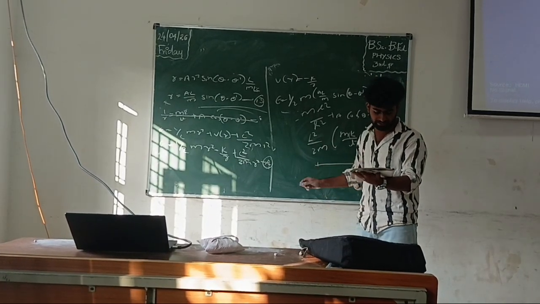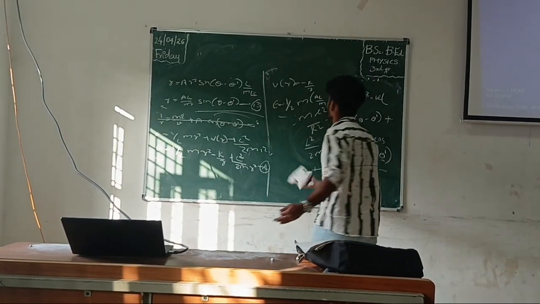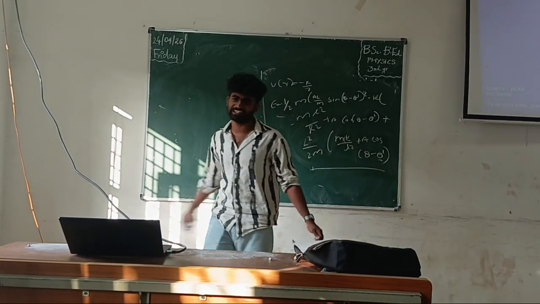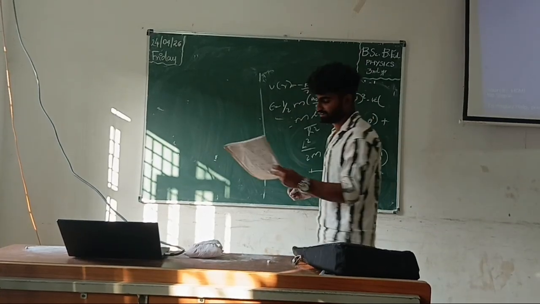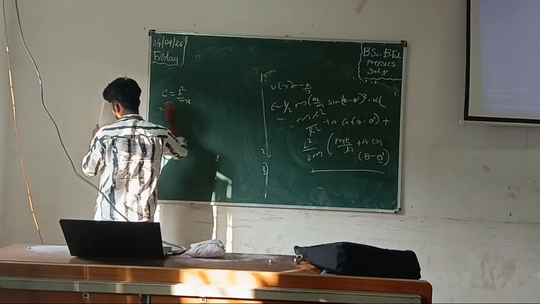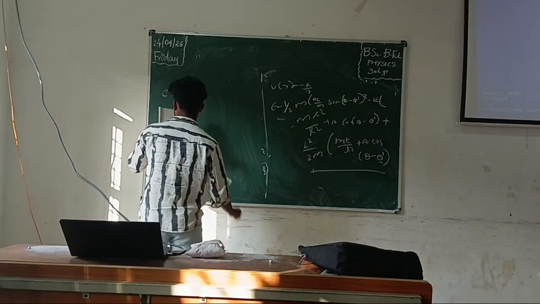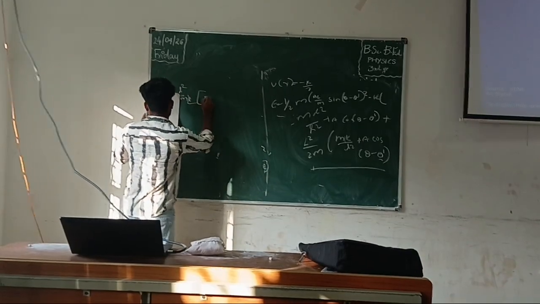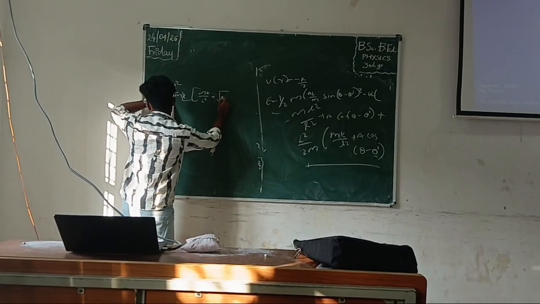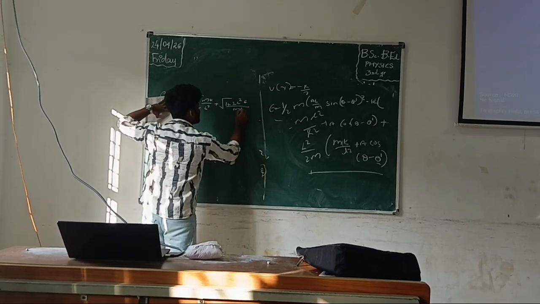By simplifying this there are numerous steps, which I will share in the notes. At that time you will understand how to simplify this equation. After simplifying, you will get that the eccentricity e is equal to the root of 1 plus 2 L square E by m k square.